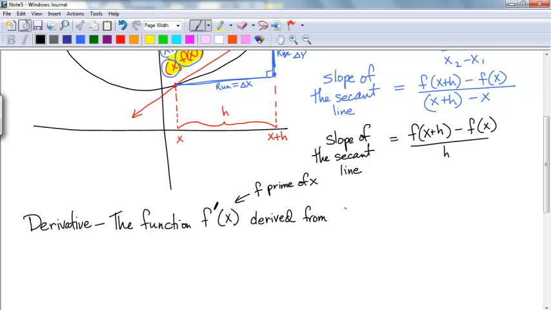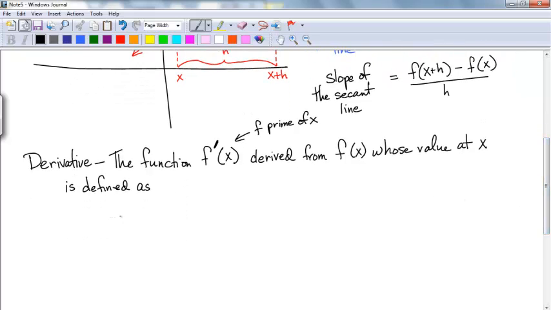The function f prime of x is derived from f of x, whose value at x is defined as, and I'm going to write it out as a formula, f prime of x.